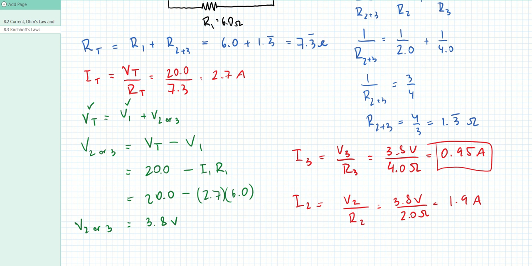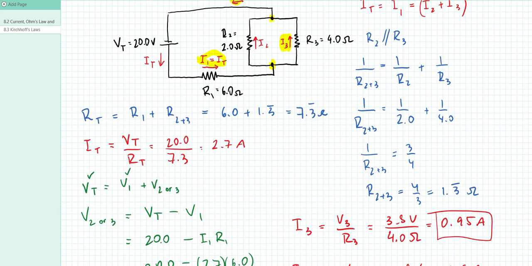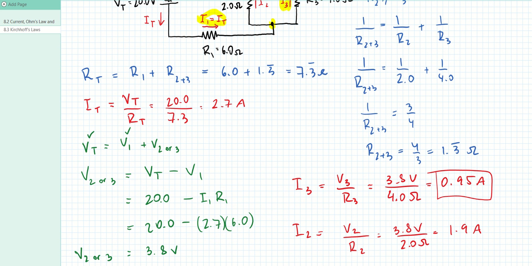So let's see, I might have omitted something. So I think what happened here is because of the rounding, the answer is a little off.